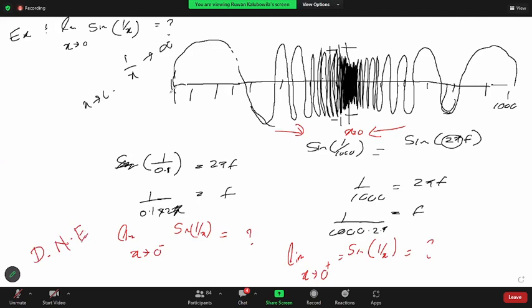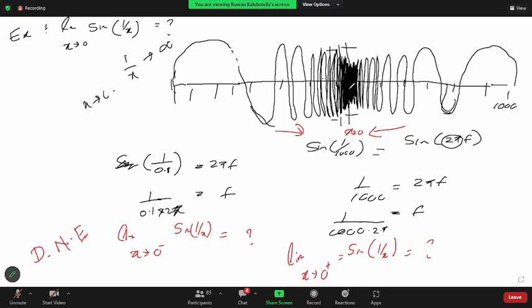This one I represent graphically, but in advanced mathematics, if you are willing to learn, there are some options to prove this, like the Cauchy sequence technique. You can prove this limit does not exist. But here, we try to understand it from the graphical representation.